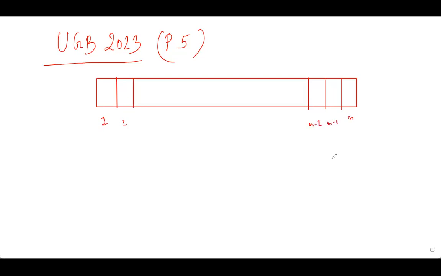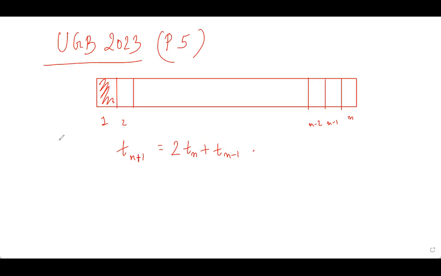First of all, note that Tn plus 1 is equal to 2 times Tn plus Tn minus 1.